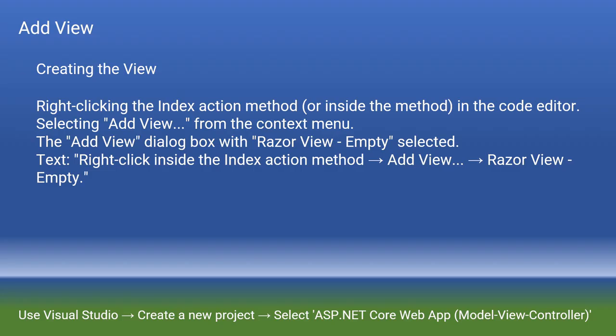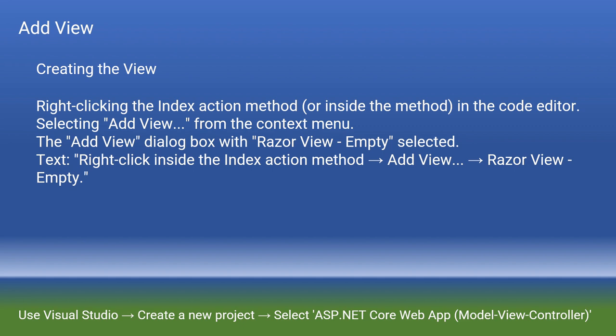Visual Studio will automatically create a folder named Home inside the Views folder if it doesn't exist, and create a file named Index.cshtml inside the Views/Home folder.